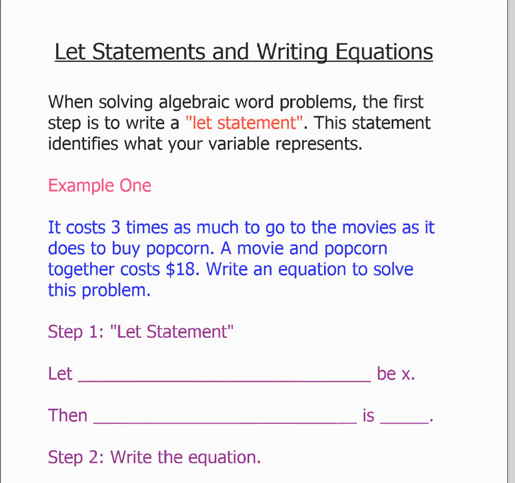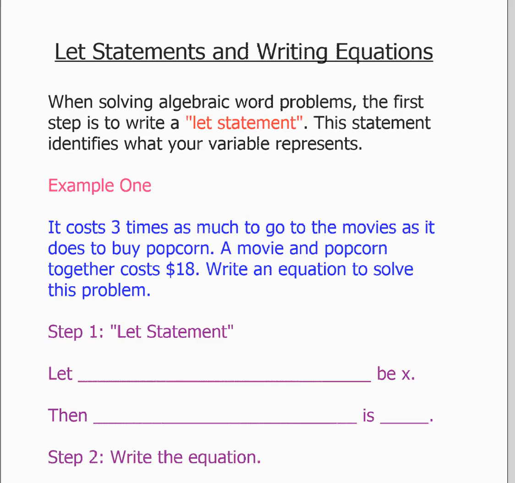Popcorn's mentioned second. The movies are written in terms of the popcorn. See how it says 3 times as much as the popcorn? It is going to be easier for X to be the cost of popcorn, because if X is the cost of popcorn, then the movies would be 3 times that, or 3X.